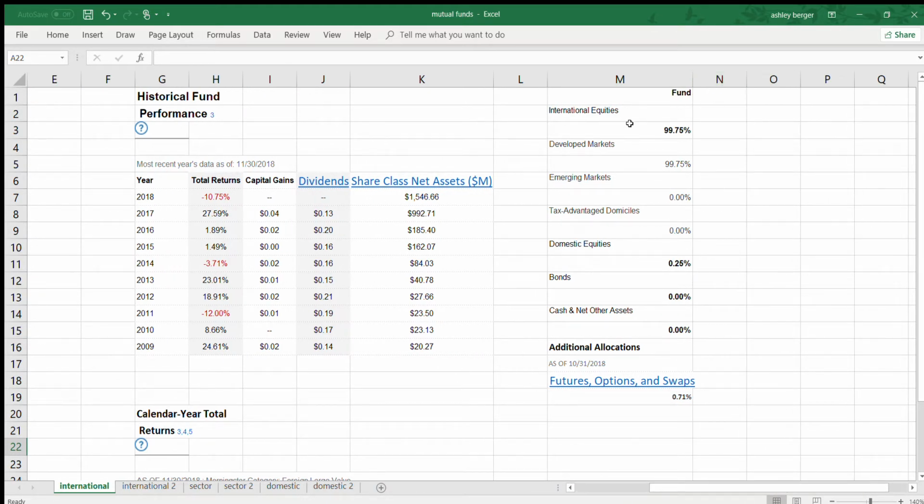This fund is made up of 99.75% international equities, and 99.75% from developed markets, 0.25% from domestic equities, and 0.71% allocated towards futures, options, and swaps.